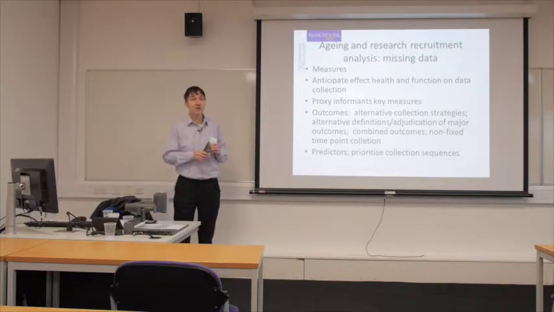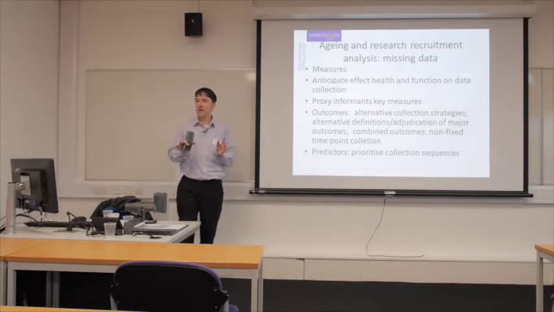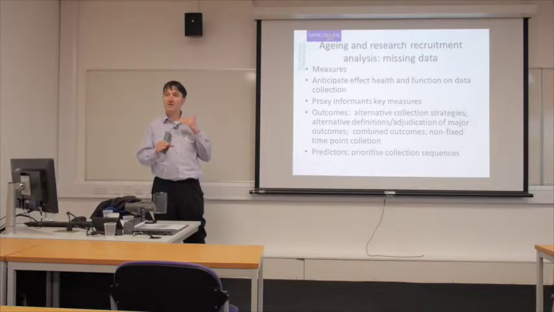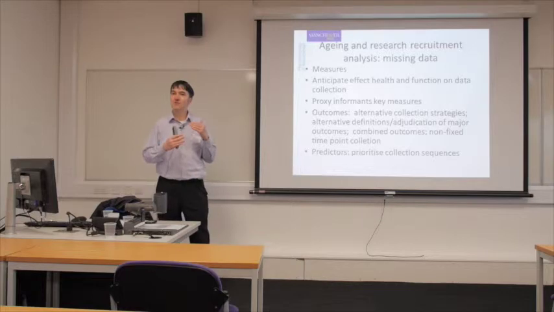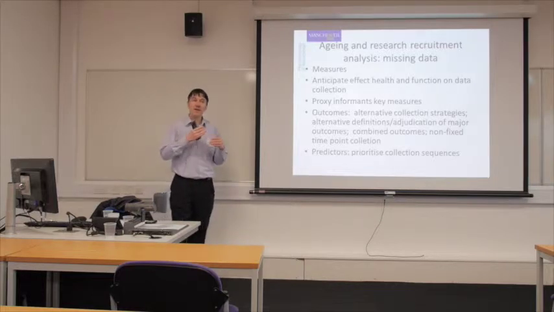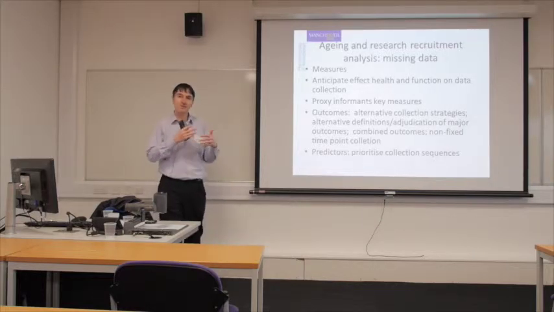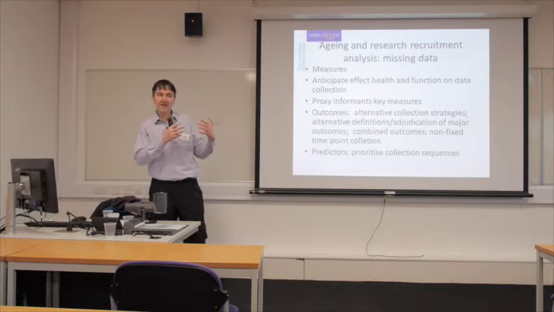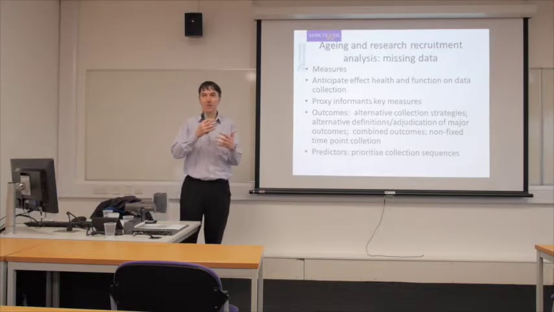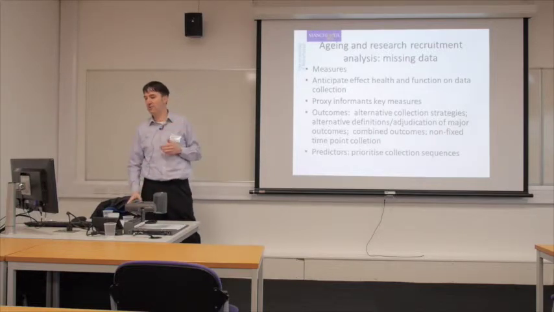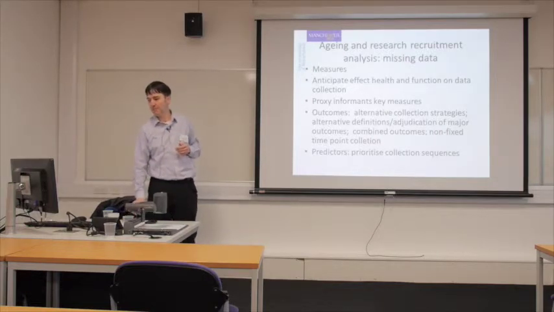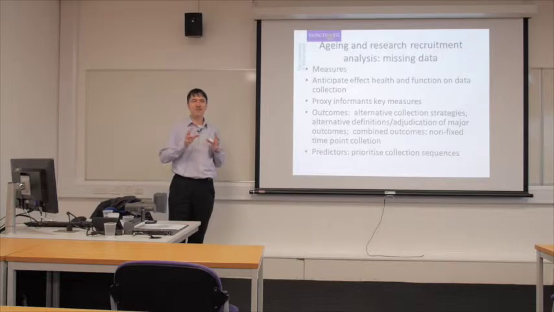And of course, you might be able to use a mixed time point collection based on characteristics that lead to missingness. So inform that decision by things you know from pilot data that will say missingness is more likely in these situations. Can we structure our time visits so that we try and capture those who are likely to disappear? And prioritize collection sequences.